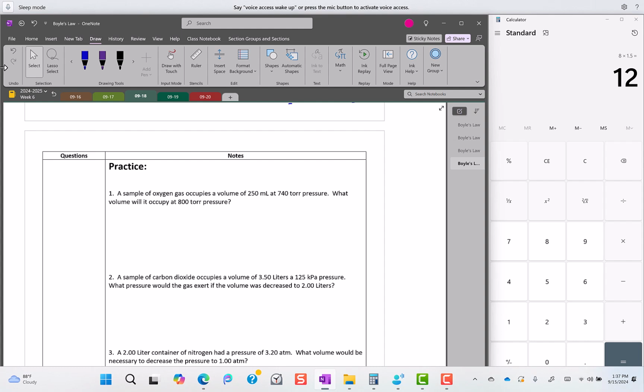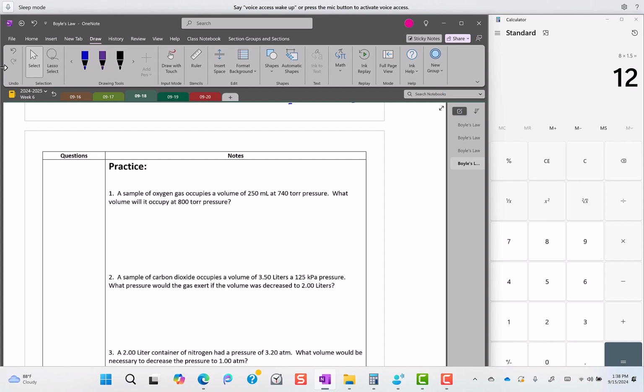You didn't have a set weight. But with Boyle's law, we have different types of pressures and different types of units, whether it's a liter or a milliliter. They generally will be reporting them in metric form. So last time we had liters, this time we're going to have milliliters.